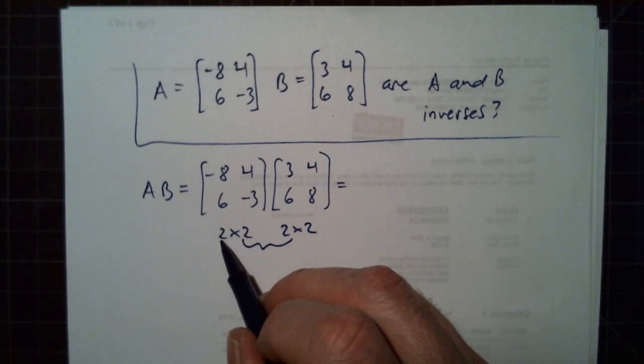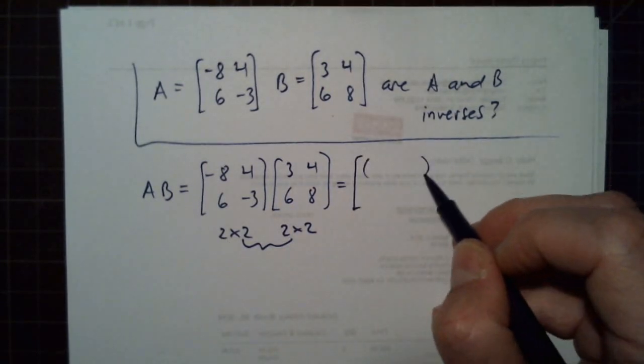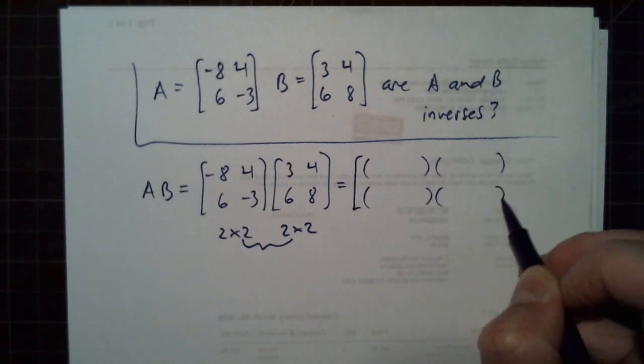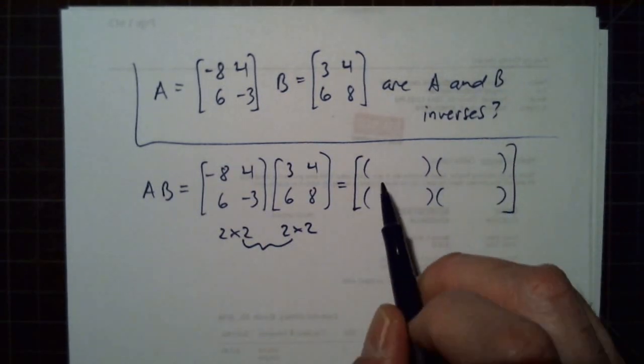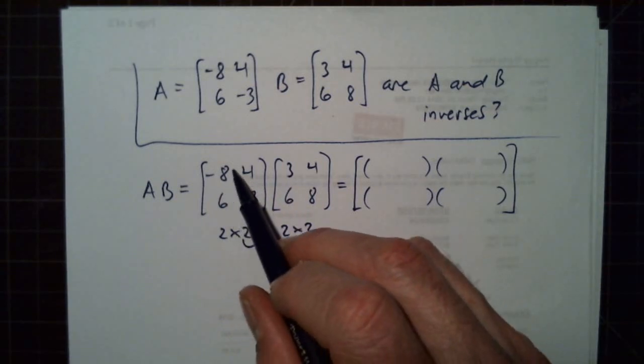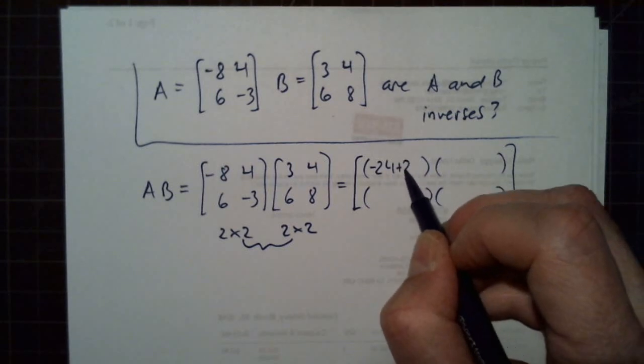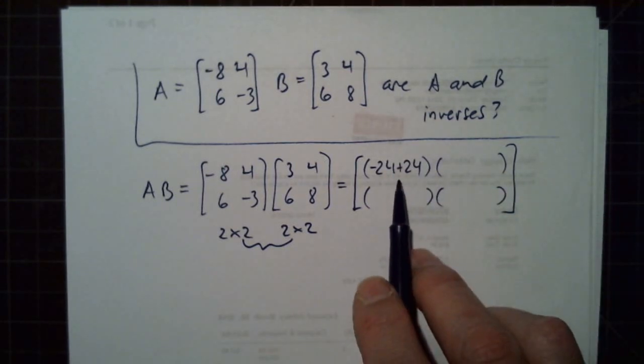The dimension of the product will be 2 by 2. We need to find row 1, column 1. Row 1 times column 1, negative 24 plus 24. And already we know that's 0, so it's not the identity matrix, but let's go ahead and practice multiplying.